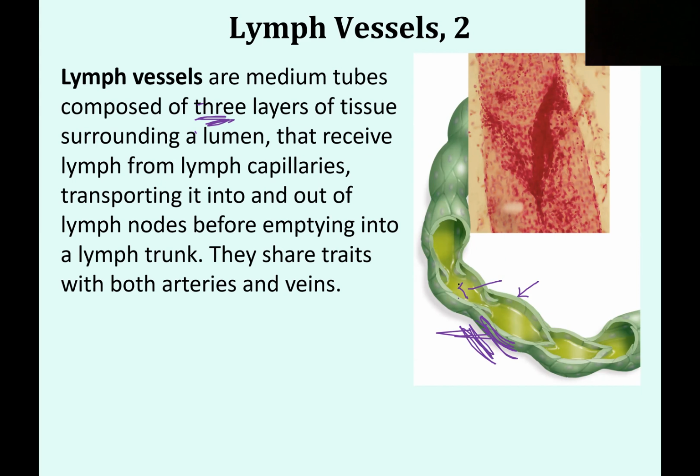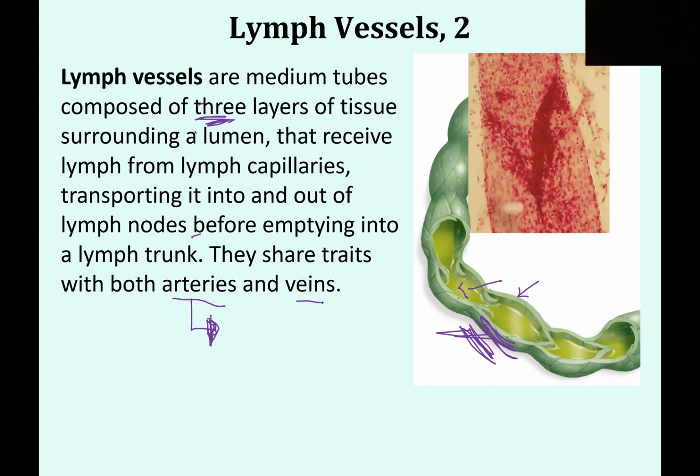So traits that they share with arteries is the fact that they have thick layers of smooth muscle tissue, just like arteries do. So that helps propel the fluid inside. It's called peristalsis.